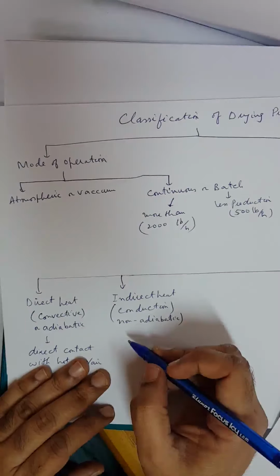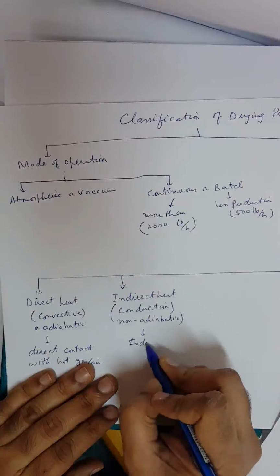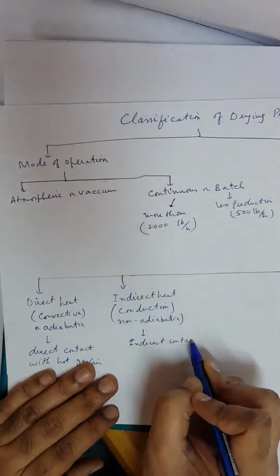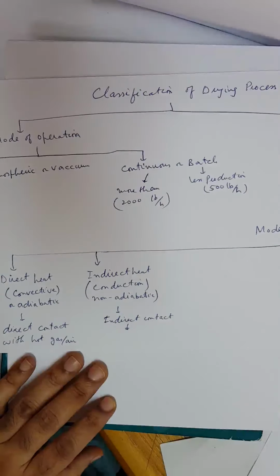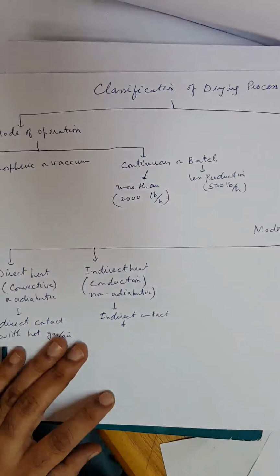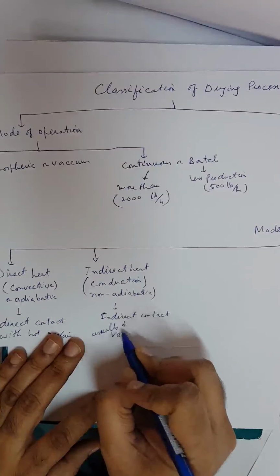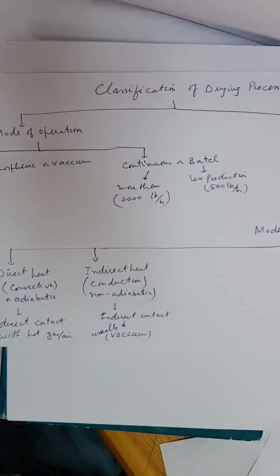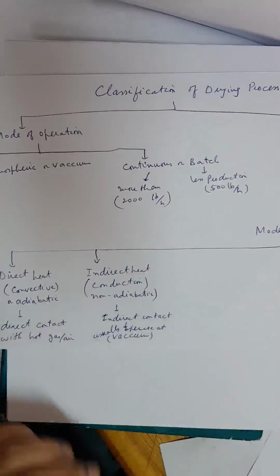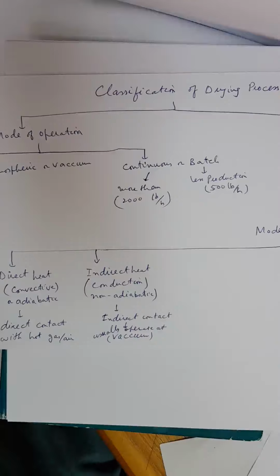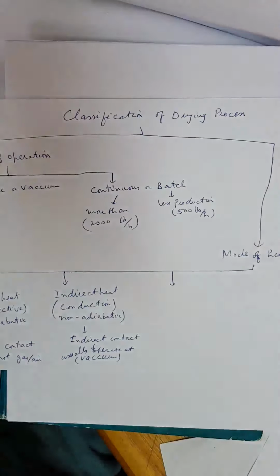Usually this one operates at vacuum, while direct usually operates at atmospheric.